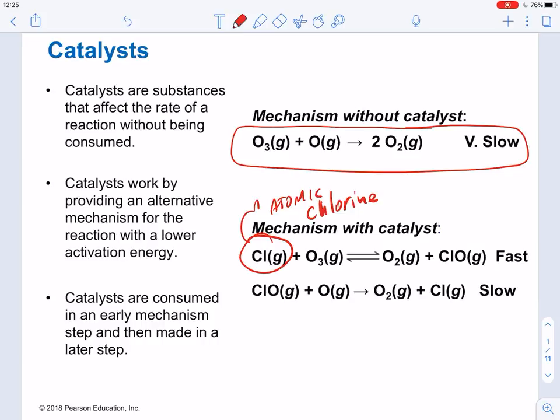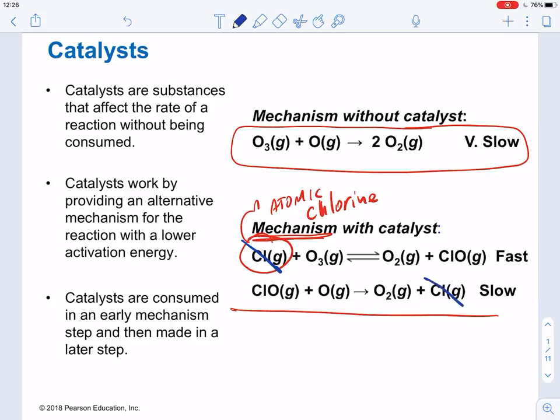Okay, and in this case, the one thing that I want you to notice is that this is a mechanism, and as such, if we were to add these two equations, then we will get rid of chlorine, because here it is a reactant and here a product.